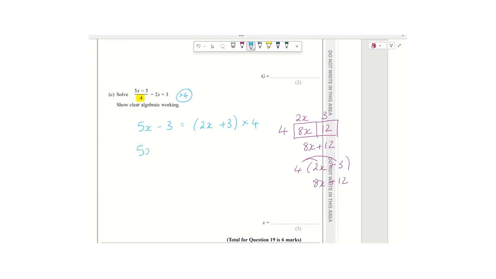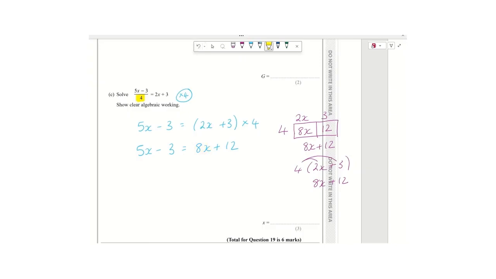So I've got 5x minus 3 here equals 8x plus 12. Now, I need to put my x's on the side that has the most x's. At the moment I've got a 5x and an 8x, so I've got most x's on this side.